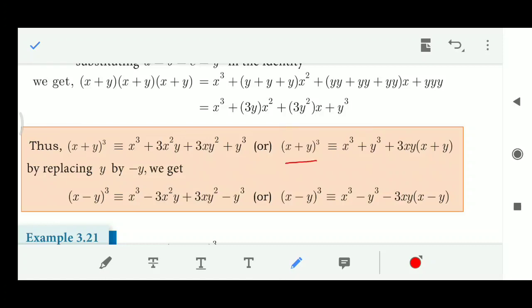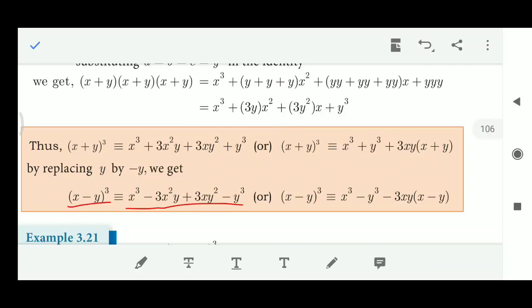Then you have to combine the second and third terms. In that you have to take 3xy as common. If you take 3xy common, the remaining term is x + y. So x³ + y³ + 3xy(x + y). Then (x − y)³. The expansion of that is x³ − 3x²y + 3xy² − y³.